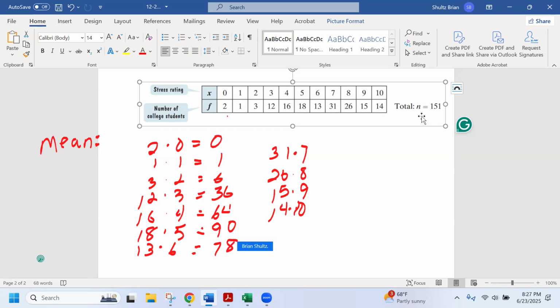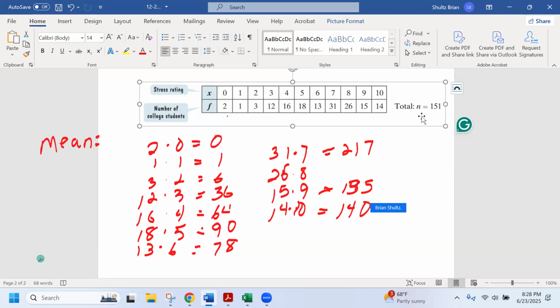You trust me on that? 31 times 7 is 217. 8 times 26, that's what I'm going to need my calculator for. 9 times 15, I can do that in my head. 30, 60, 90, 120, 135, sorry. And then 14 times 10 is 140.